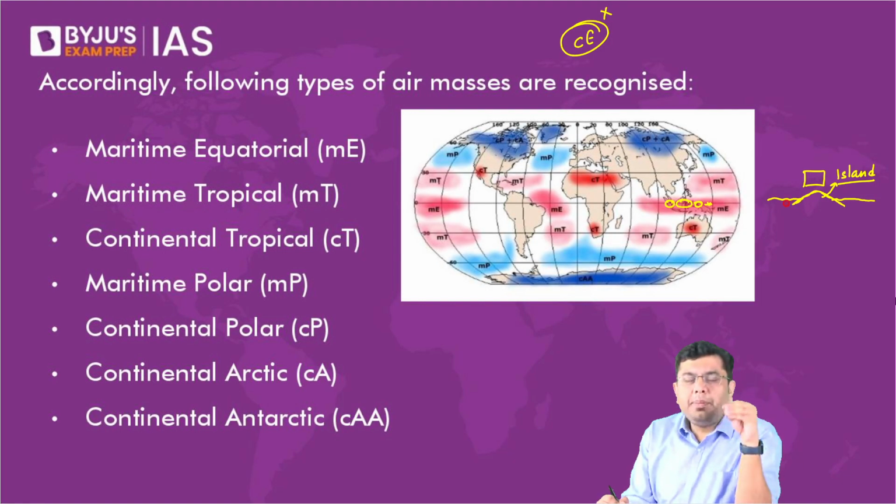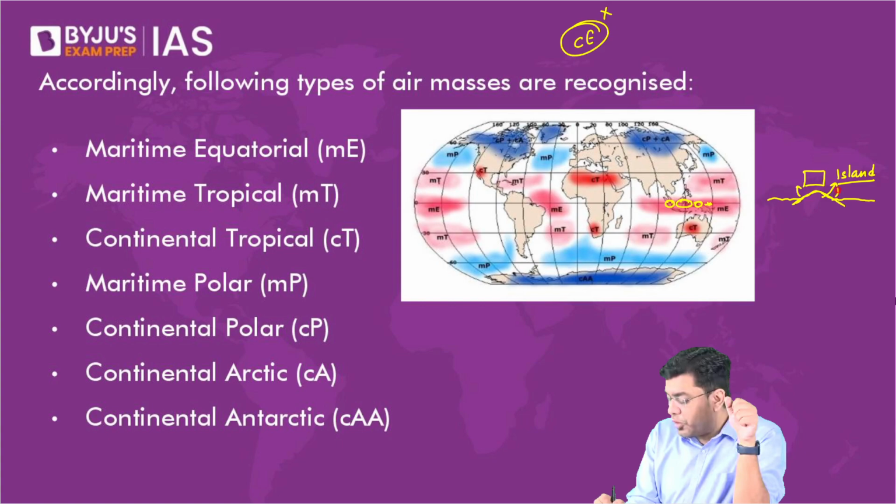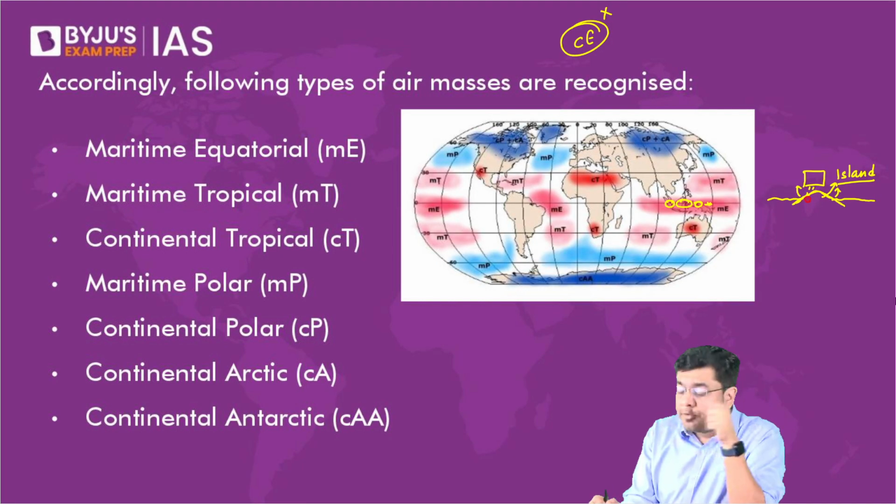That is purely because of the presence of moisture, high amount of water vapor which is present. That is why we classify it as maritime. So over these island regions, because of convection from the surrounding water bodies, you will always experience significant amount of rainfall here also on a daily basis. So here again, no continentality in the air parcel will be observed.